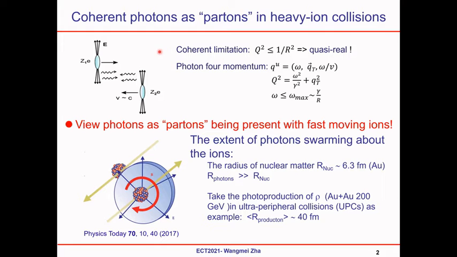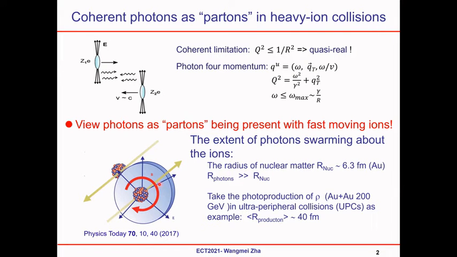Due to the coherent limitation, these photons are quasi-real, and also have a limited virtuality and momentum. You can also view the photons as partons present within the fast-moving ions.